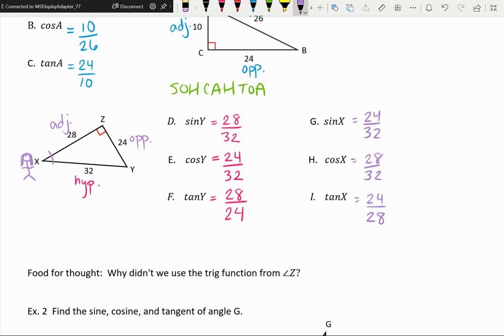Alright, I noticed the sine and the adjacent, they just flip flop. Sine of Y and, like, they just flip flop. Like 24 and 28. Oh no, I'd say on the hypotenuse.